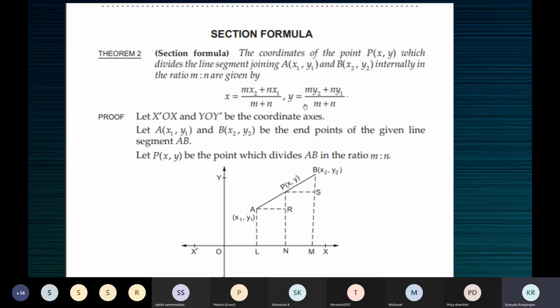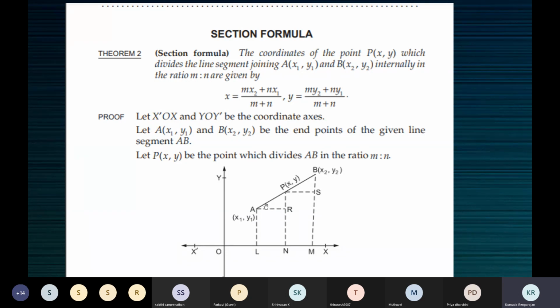So we derive the section formula by using the concept of similar triangles. We have two triangles here. They are similar, that is, triangle ARP is similar to PSB. Once they are similar, their corresponding sides are proportional, meaning ratios are equal.